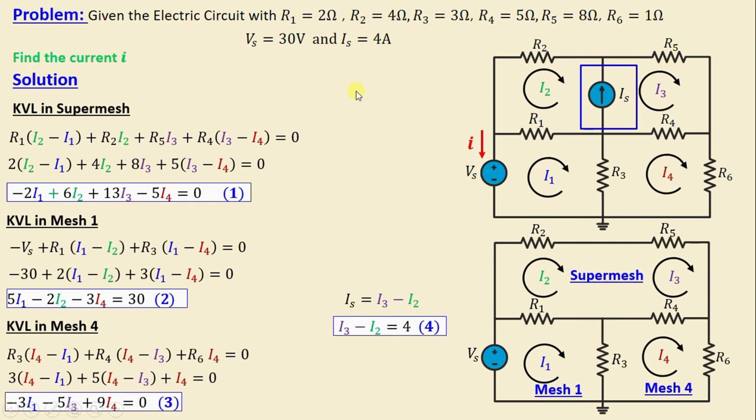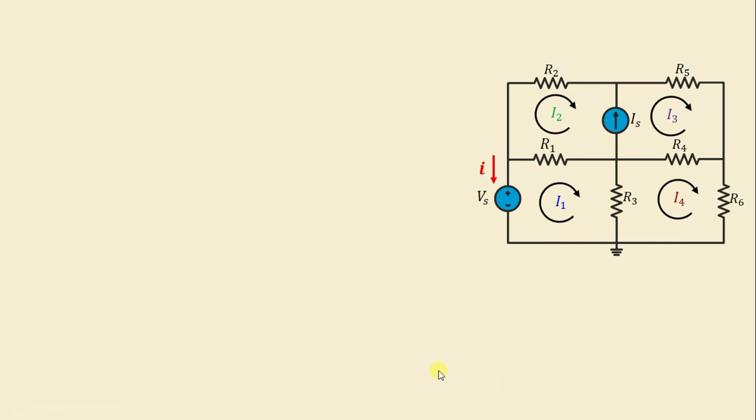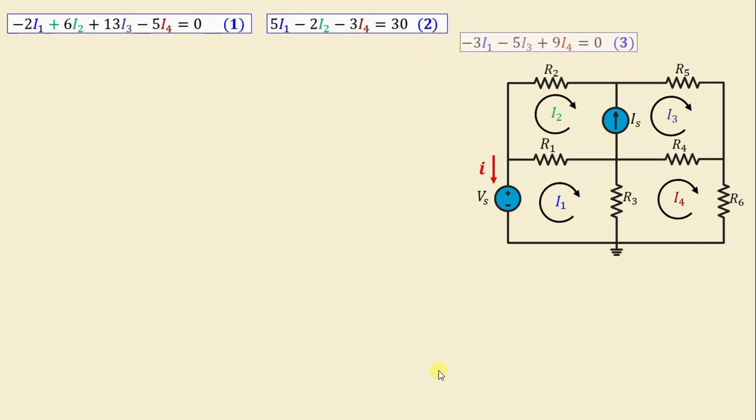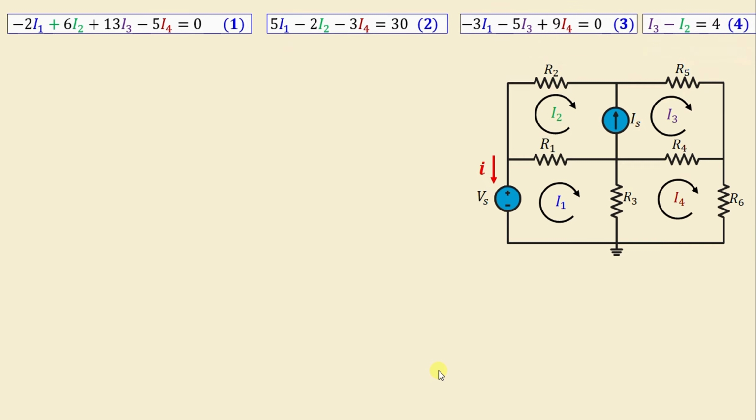That means I3 minus I2 is equal to 4, and I will call this equation number 4. After we finish applying the mesh analysis, we obtain 4 equations with 4 unknowns. We still only need to solve those equations in order to find the mesh currents I1, I2, I3, and I4.